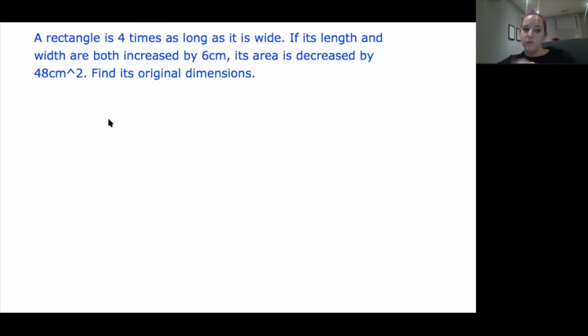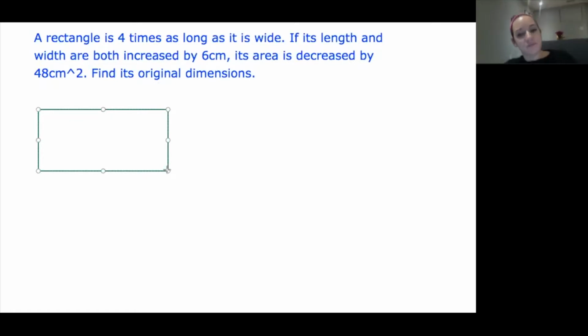Where do we start? I guess we should make our drawing first, right? You know, Mrs. Dunn always making us draw everything out like we're in art class. All right, I'll do that first rectangle, you do the second one. Okay.